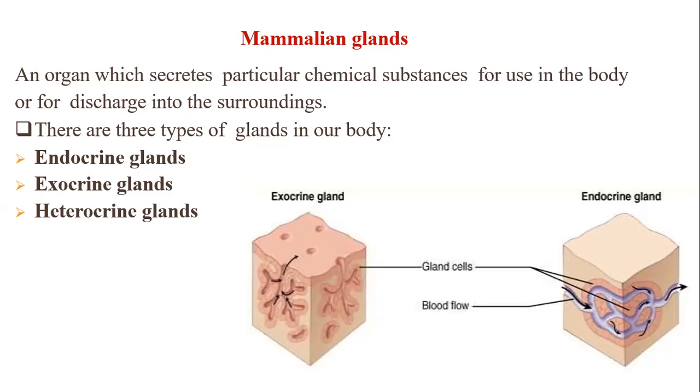It is generally a group of cells. In simple way, you can say that the group of specialized cells which produce chemical substance for metabolic activities of the body, these are called as glands.